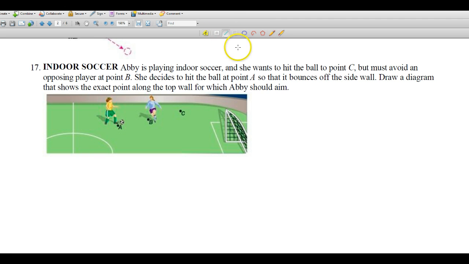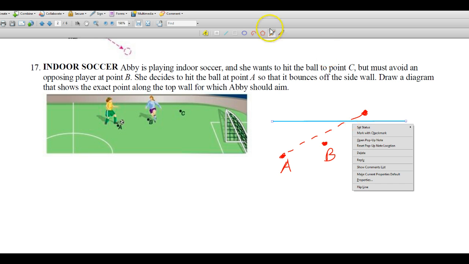So we would start with our wall here, and where we want the ball to end up, point C, and we want to go around the opposing player B, and we are starting at point A. So to end up at this point, I would draw the reflection of that point through my wall, and then I would connect my starting point to that reflection, and by doing so I see that I need to hit the wall at this point.